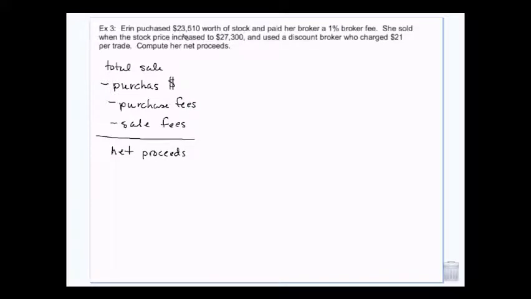So when she purchased the stock, she paid a 1% fee. So that's times 0.01. And that gives me 235.10.